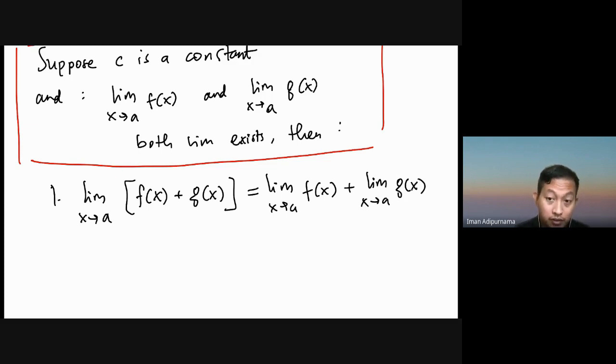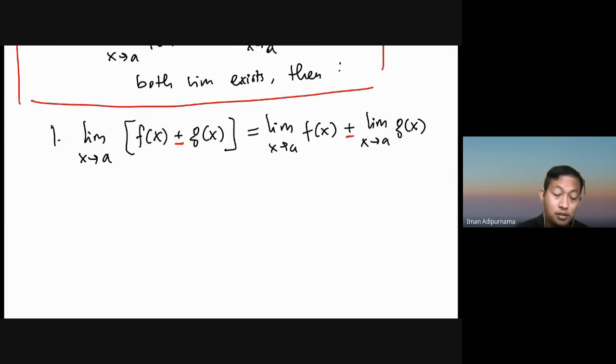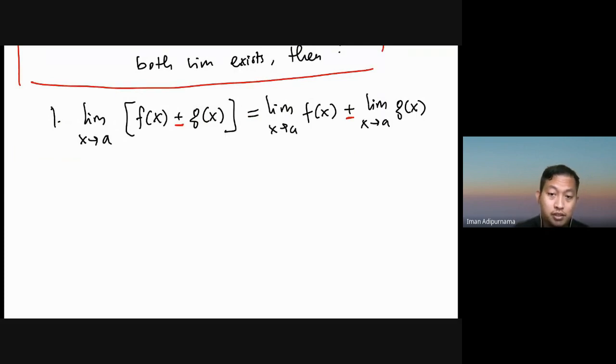I will write the difference. It's not plus or minus, it means in my notes you have the sum and you also have the difference. You can, because it works simultaneously. Both are correct.